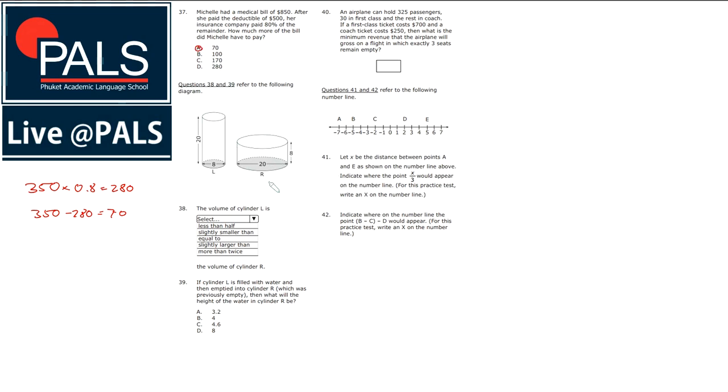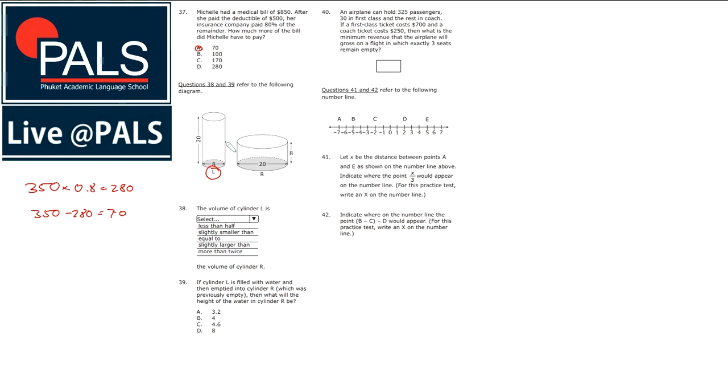So here we have two cylinders. The volume of cylinder L is less than half, slightly smaller than, equal to, slightly larger than, more than twice.